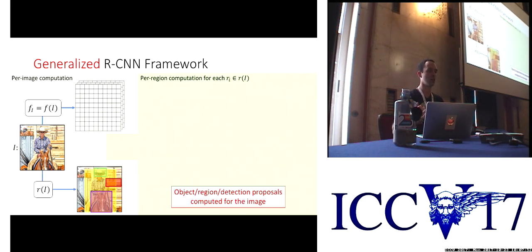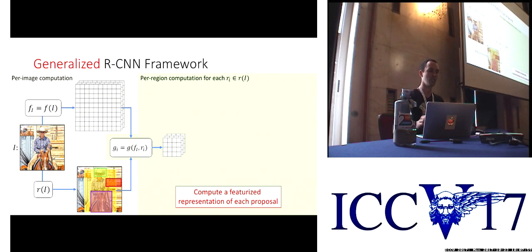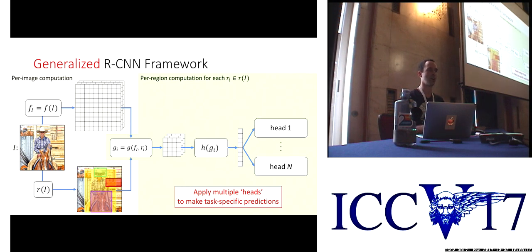And then there's some other function r, which takes the image and converts it into a set of these region proposals. Then there's some other function that's abstract and not specified, g, which for each one of those regions is going to take that region together with the featurized representation of the image and convert that region into a feature representation. Then there's another function that does some processing on it, and then there are several heads of the network which perform task-specific predictions per region.